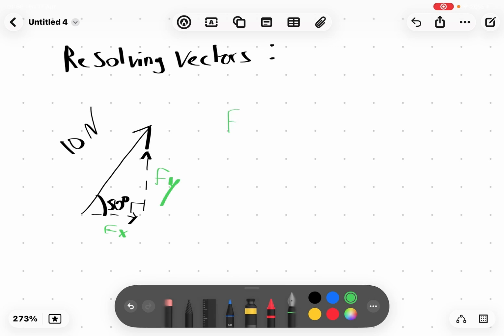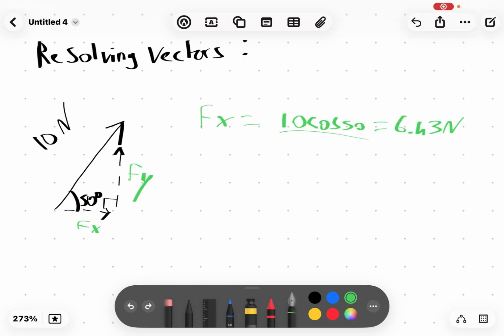The way we calculate Fx is, for x it's cos, so 10 cos 50 gives us 6.43 newtons.